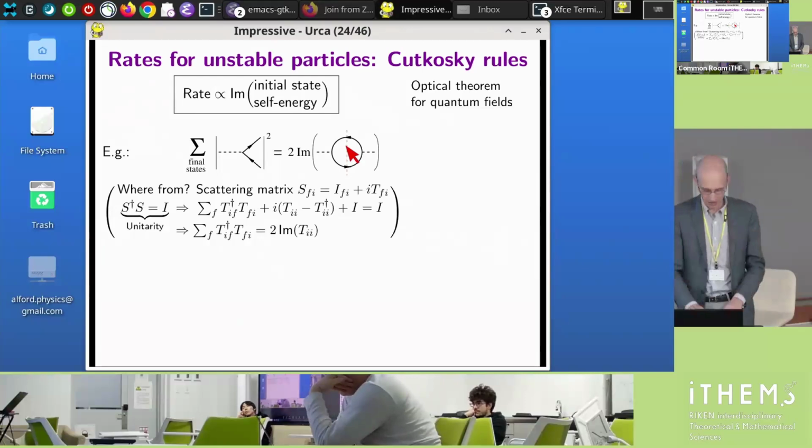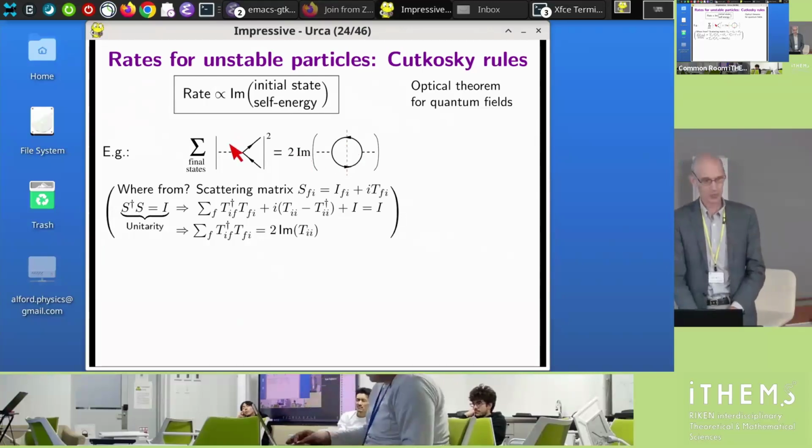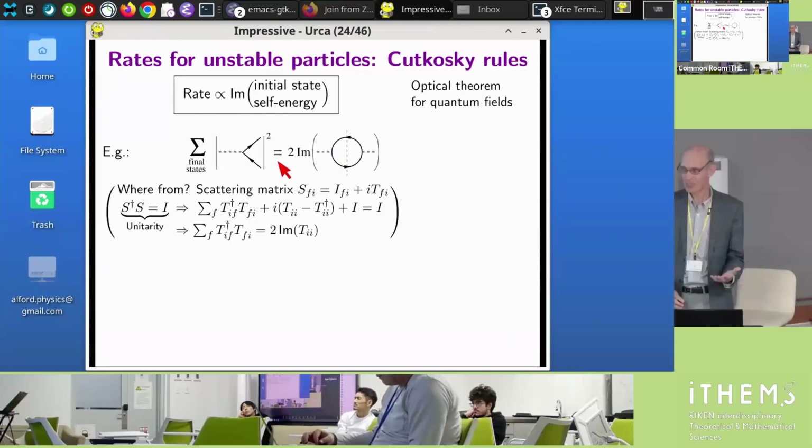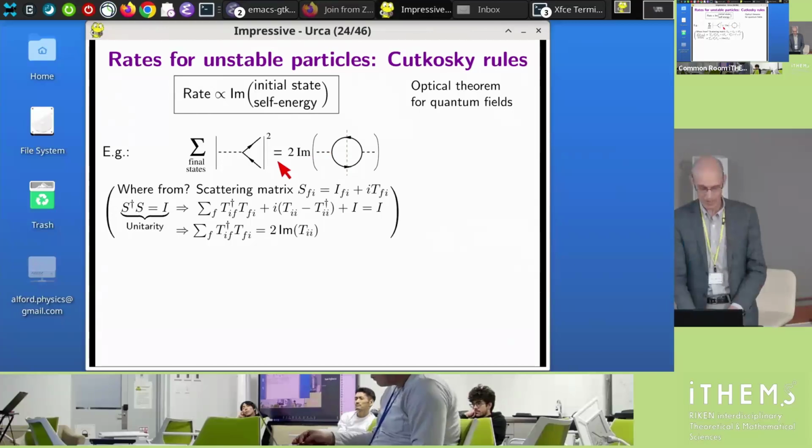But in this case, we've got a formula where we've got a rate, a probability on one side, and an amplitude, a raw unsquared Feynman diagram on the other side. And we're saying they're equal to each other. So this is in some ways shocking. Here's a little micro derivation. It comes from unitarity: you can write the scattering matrix that tells you the probability for an initial state to evolve into a final state as the identity, nothing happens, plus i times a T matrix that tells you what non-trivial things happen.